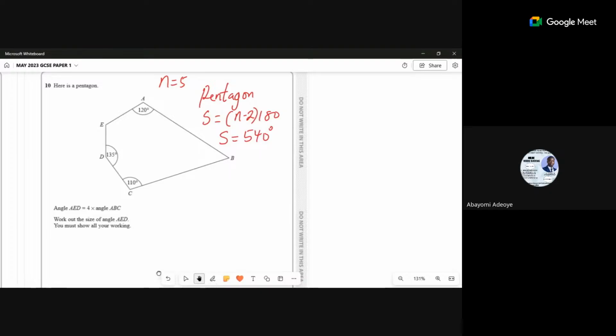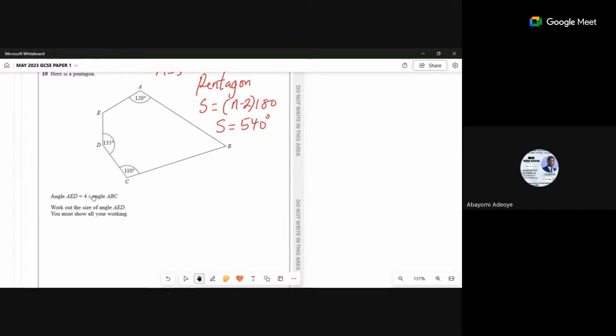Now look at this. The question says AED is 4 times ABC. So that means if this is x, then AED will be 4x. So I want you to complete it now. Add all these together, then sum it to 540, and tell me what your x is.